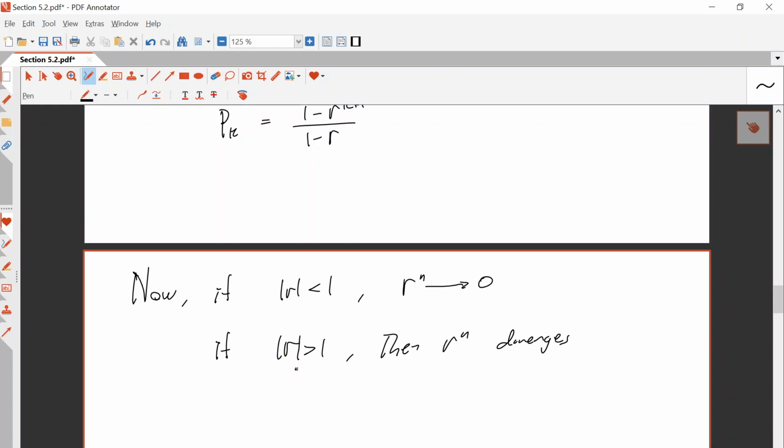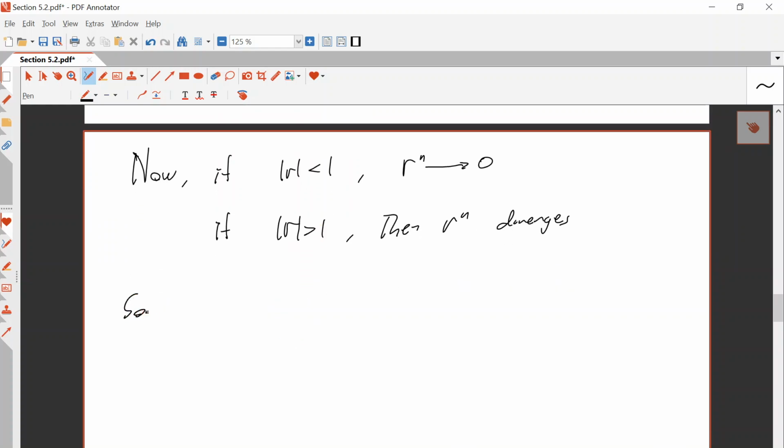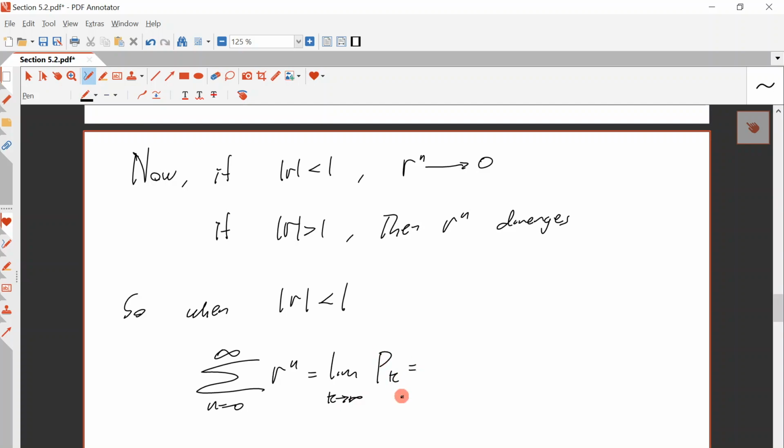Okay, when the absolute value of r is less than 1, the sum n equals 0 to infinity of r to the n is the limit as k goes to infinity of the partial sum p_k, which is equal to the limit as k goes to infinity of 1 minus r to the k plus 1, over 1 minus r. But this one is 0, so it's 1 over 1 minus r.